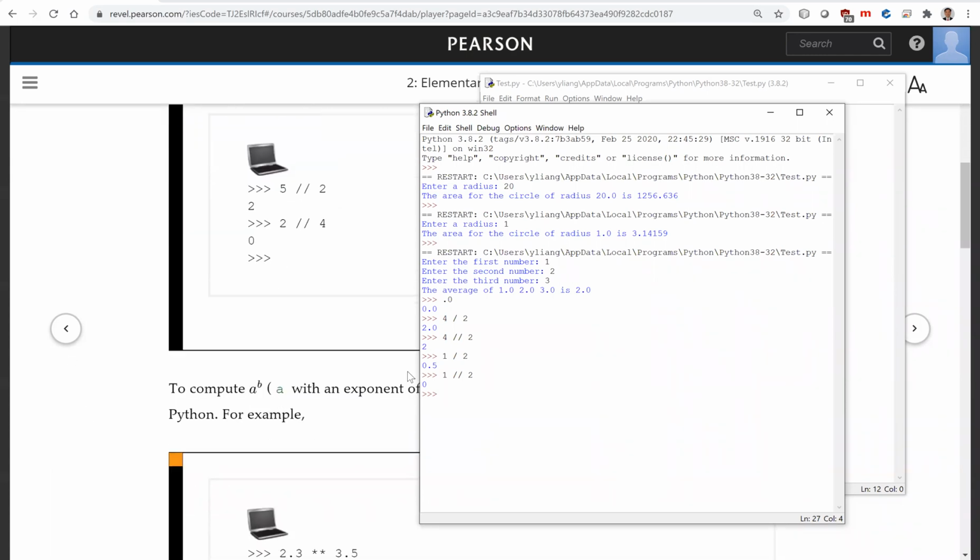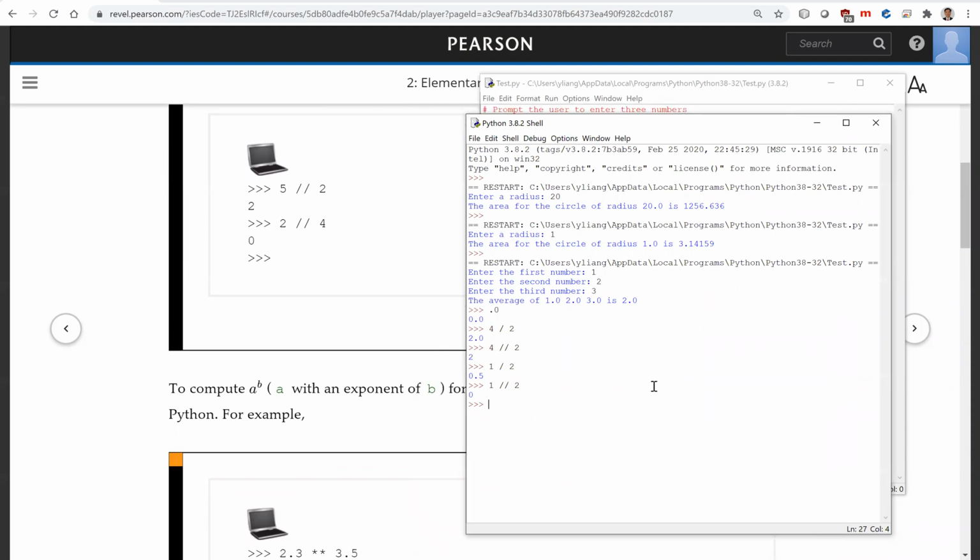All right, now let's look at the exponent. Here we have 2 and 3 with a caret, but this is not going to work. This is not the correct operator, not the exponent operator.